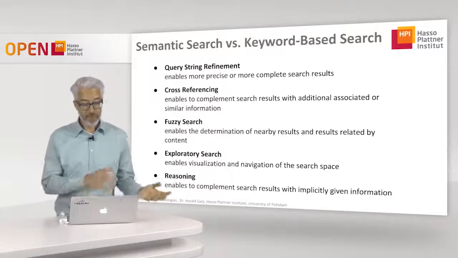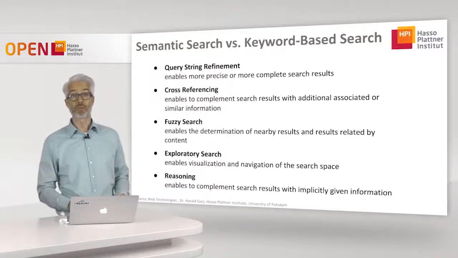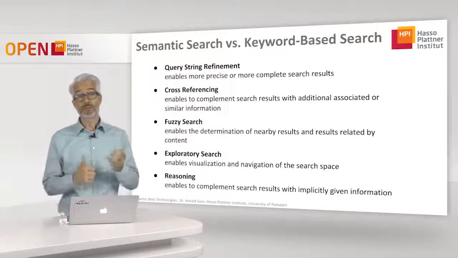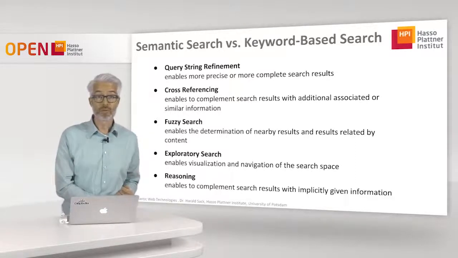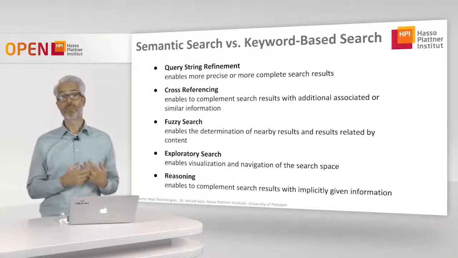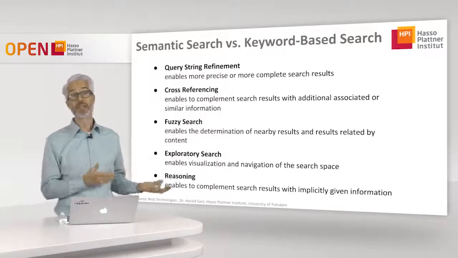So if you compare semantic search and keyword-based search, where are the benefits that you have? So first, you could apply it for so-called query string refinement. So what you could do is somehow enable more precise and more complete search results. How you implement this query string refinement then, of course, is another thing.